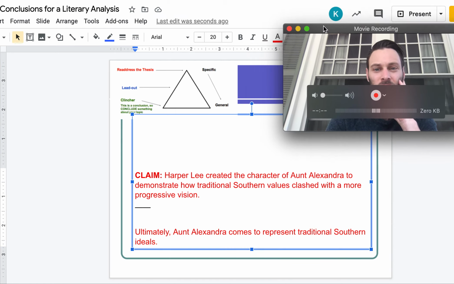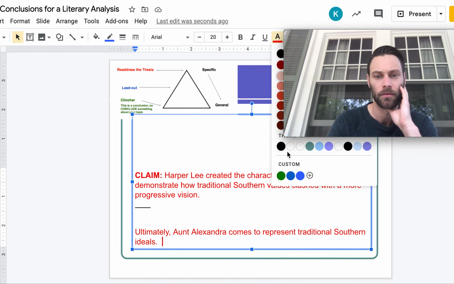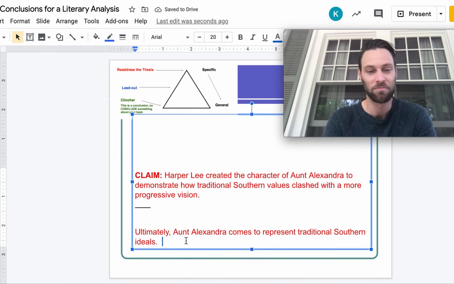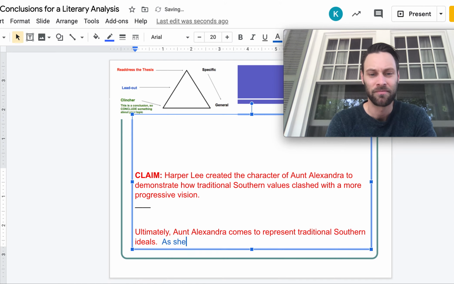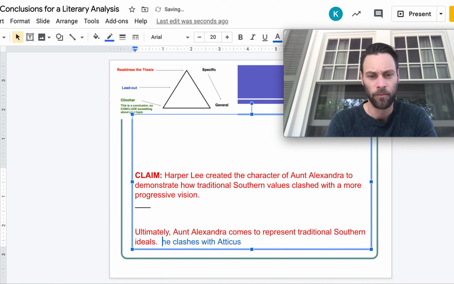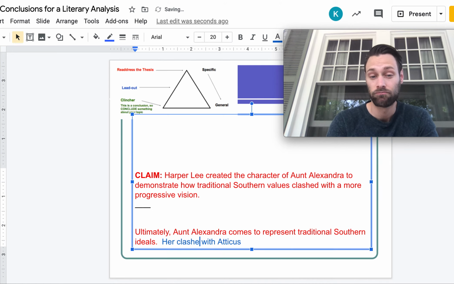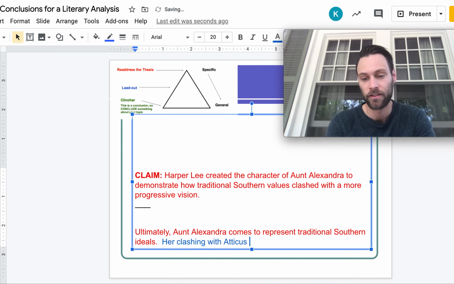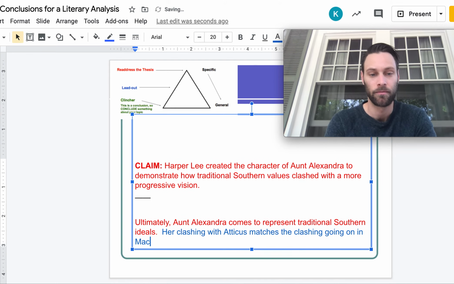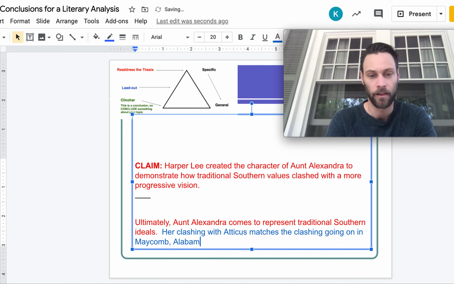So maybe I'll just start there. And then I want to start broadening out here. So I'm going to talk a little bit more about her, Atticus. So maybe even her clashing with Atticus matches the clashing going on in Maycomb, Alabama.